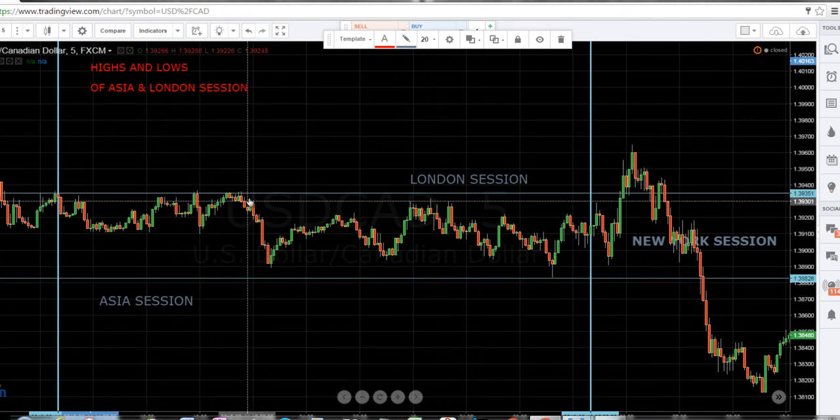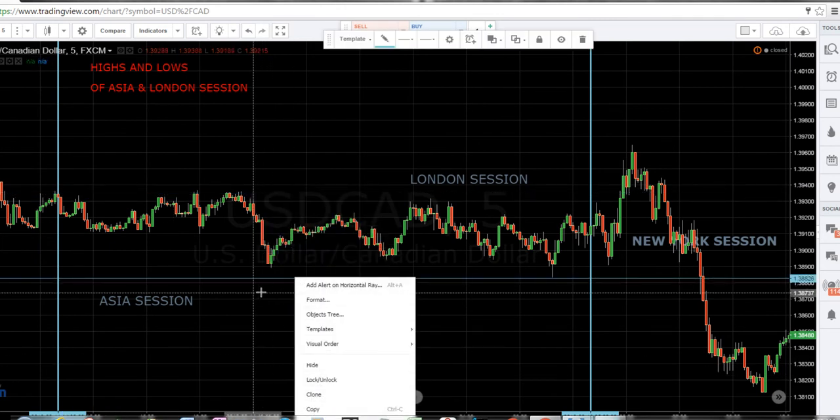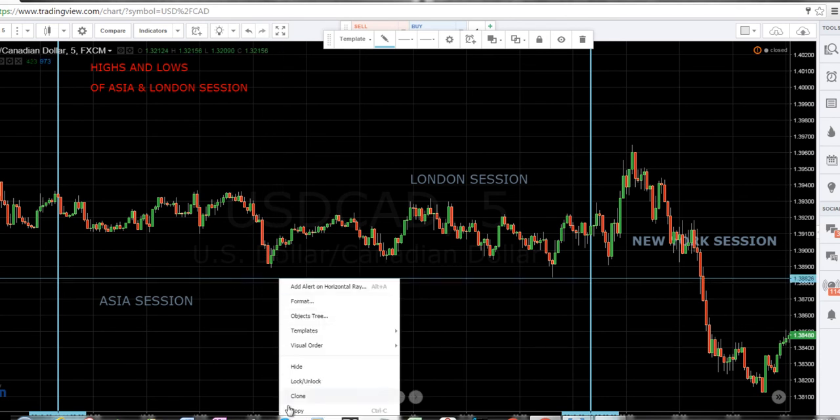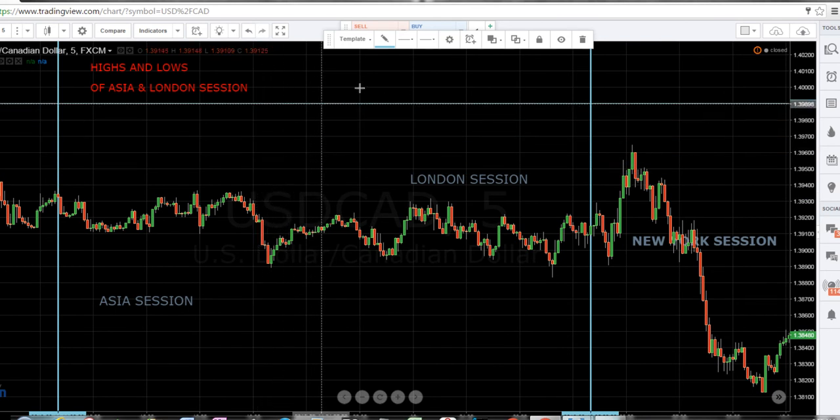And let me go ahead and remove these just so I can show you how I was able to do it. Okay, well, let's say this is the blank chart, right?